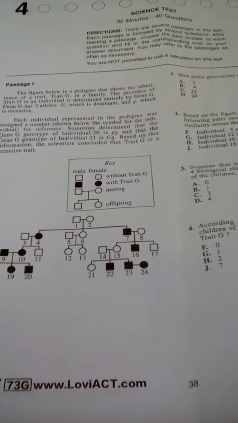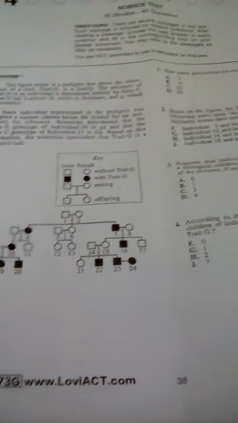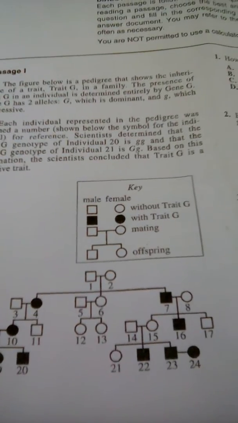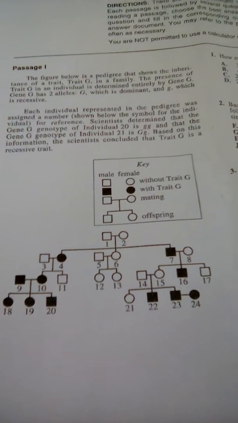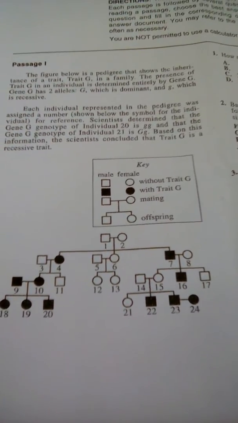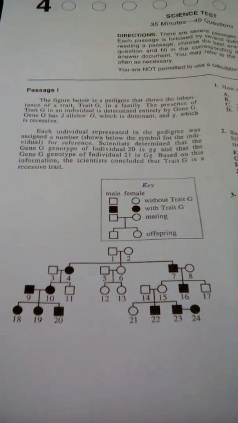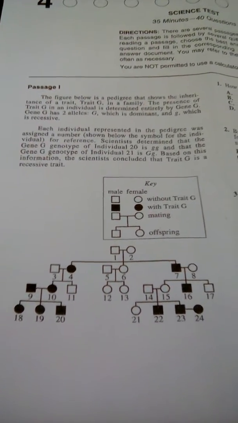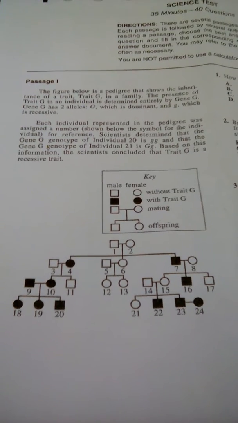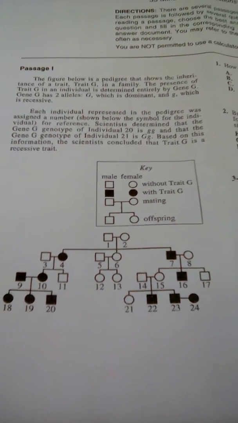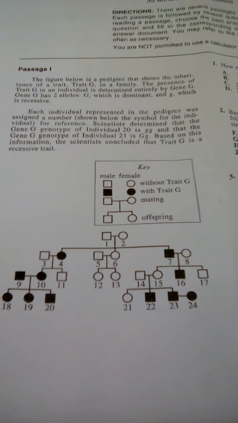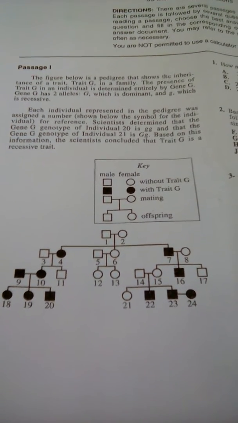Line 2 is the children, and the grandchildren, the next generation after that, is individuals 9 through 16. You see here three blacks and 4 whites.